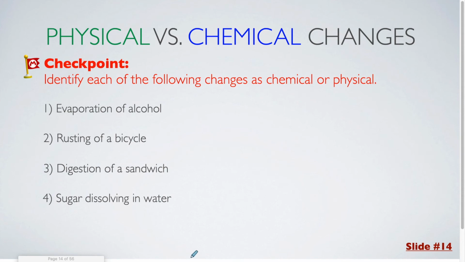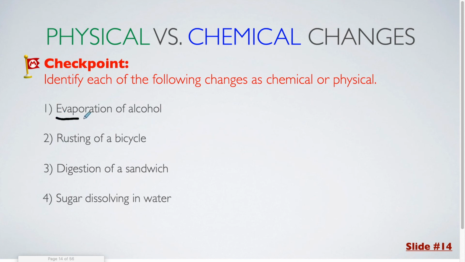All right, for our checkpoint, in this video, we are going to be looking at identifying whether or not a change is chemical or physical. And when you're doing this, you really want to look at the key action word. So the first example here, we have evaporation of alcohol. The alcohol part of this is actually irrelevant. It could say evaporation of gasoline or evaporation of water.